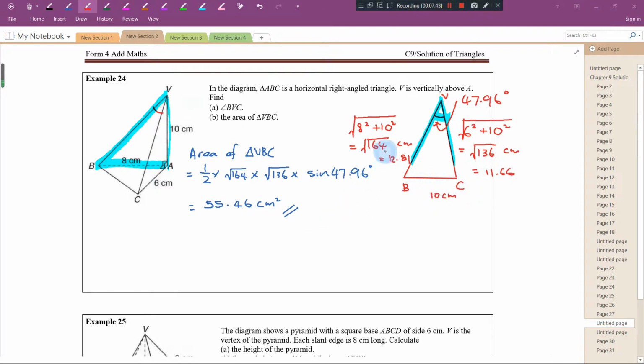Now if we want to use Heron's formula, first we need to get the semi-perimeter, right? S is 12.81 plus 11.66 plus 10, and then divided by 2.